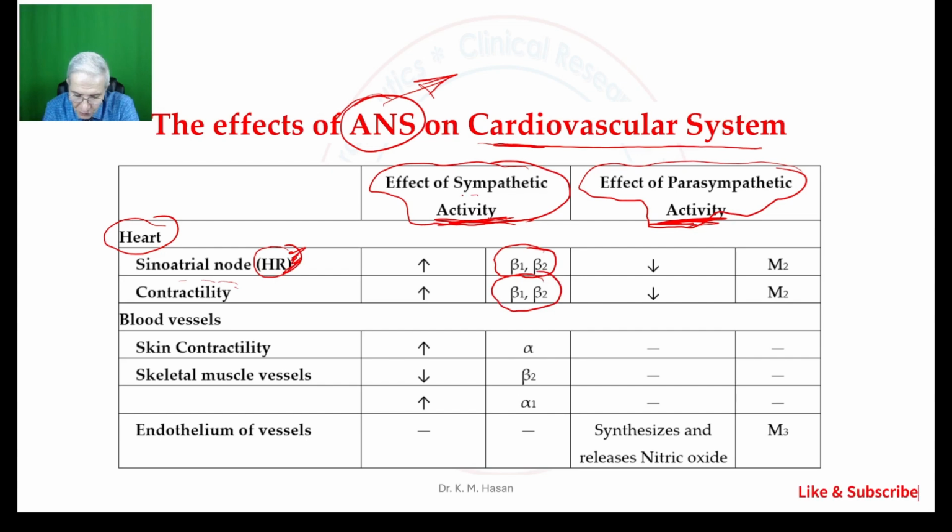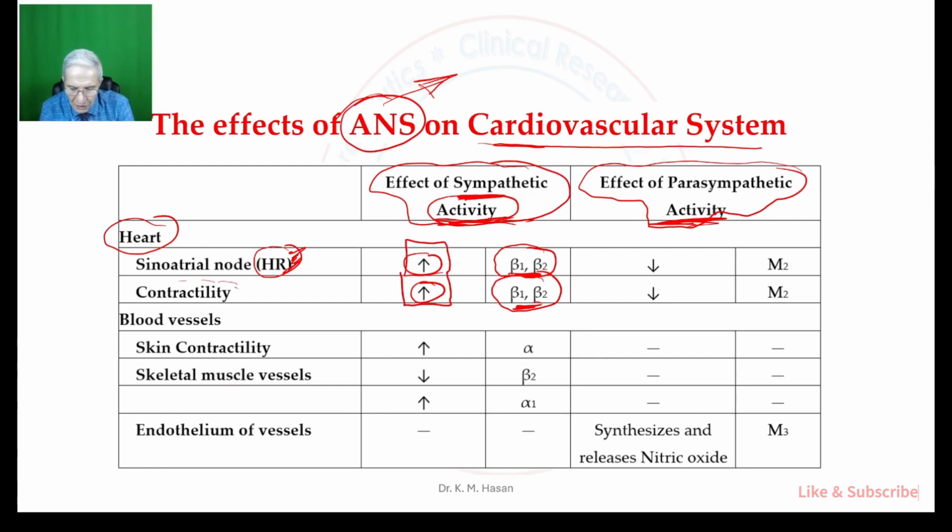So what happens if you activate these receptors? The result will be increased heart rate and increased contractility. This is the important issue we need you to remember: in the sympathetic system, we have beta 1 and beta 2 receptors in the heart, and activating them leads to increased heart rate and increased contractility.